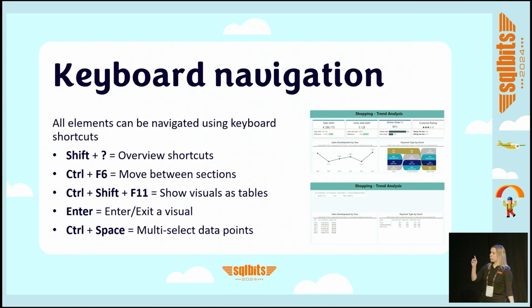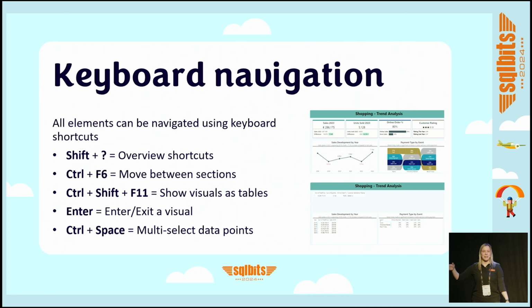And then once you selected your report, you can move around also with the arrow keys. And there's this one, Control-Shift-F11, which is amazing, because if you press that, all your visuals will be tables. That's the example I have there, and the example is really bad because I don't design for tables.